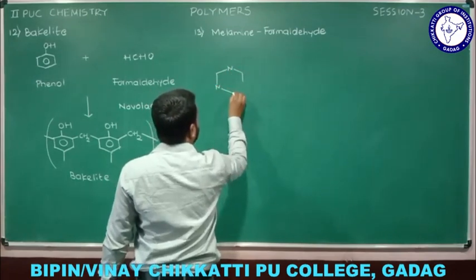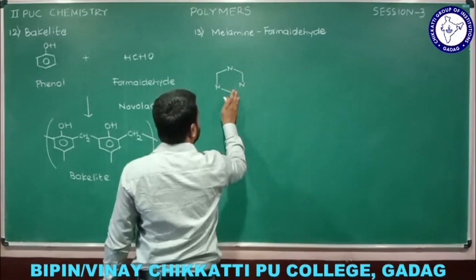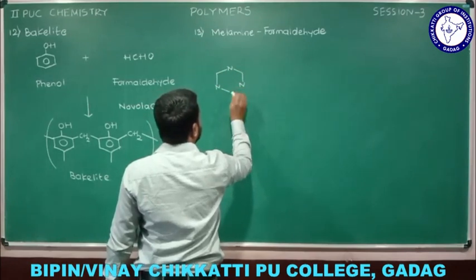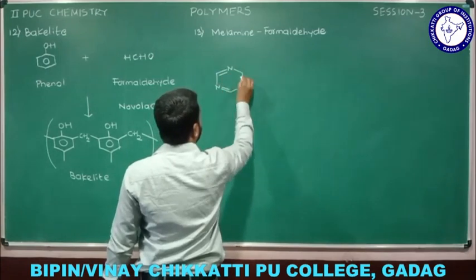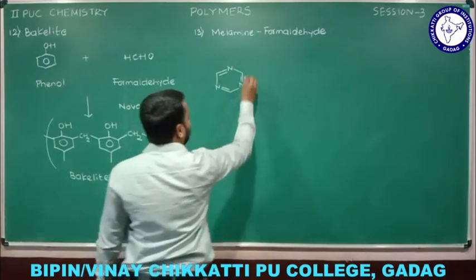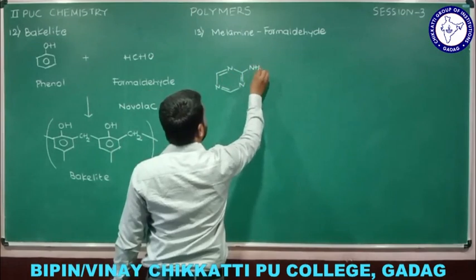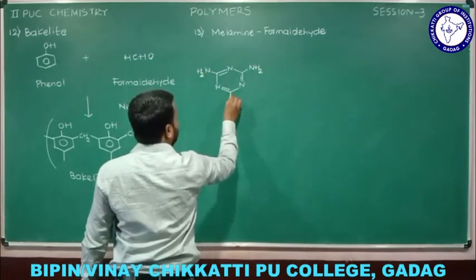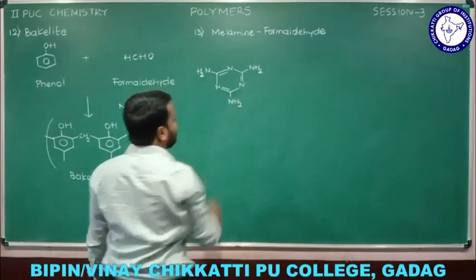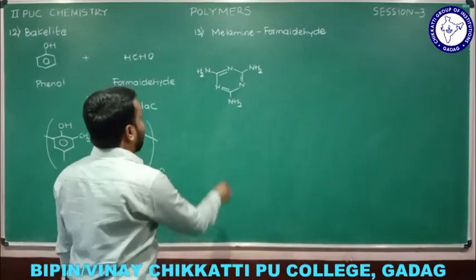Just like benzene, but 3 carbons are replaced by 3 nitrogens here, and of course alternating double bonds and single bonds, and this will have NH2 on the left side and NH2 on the right side. So this is melamine.